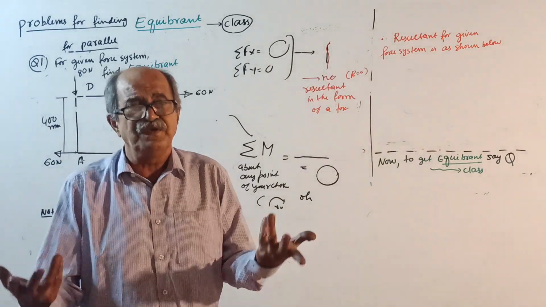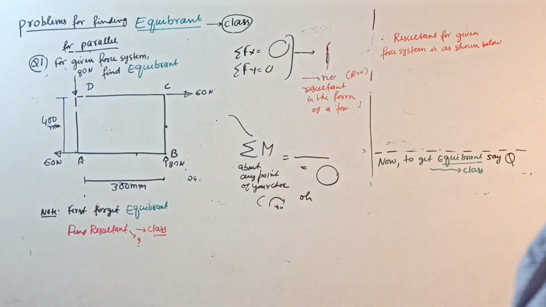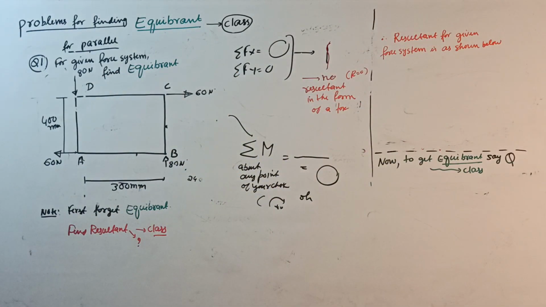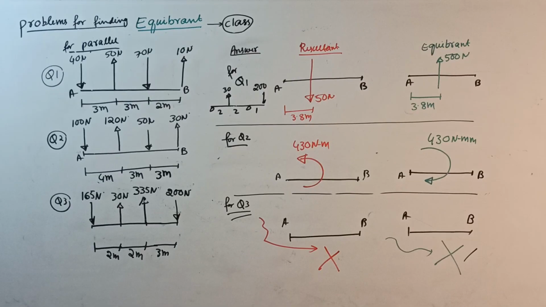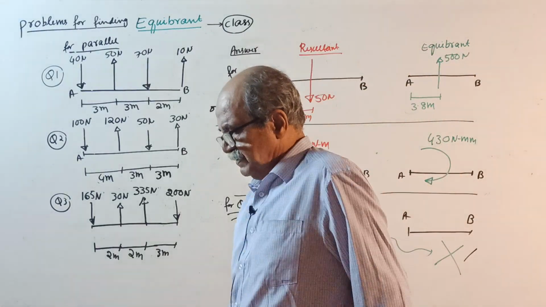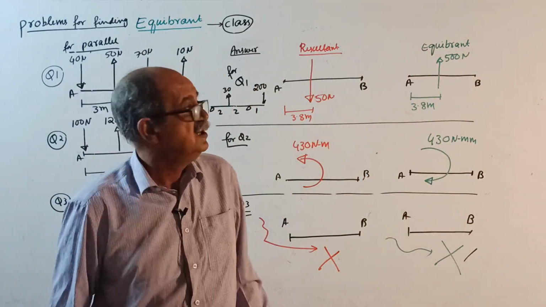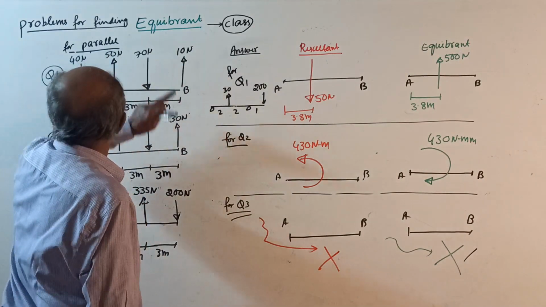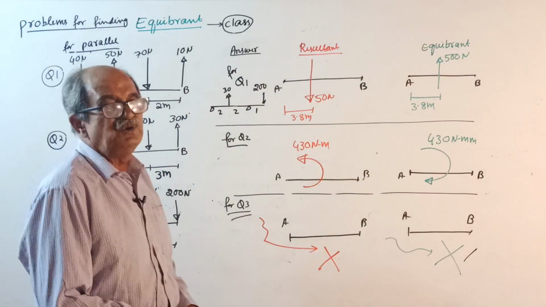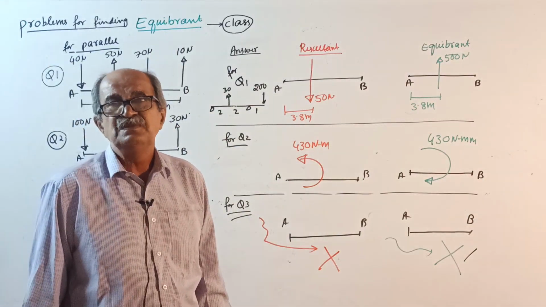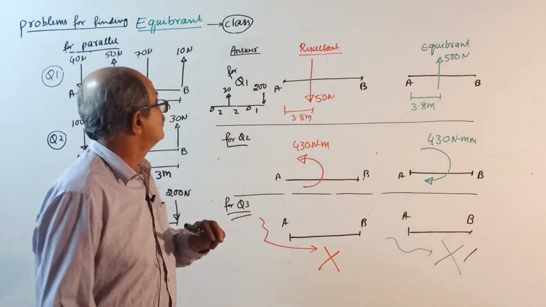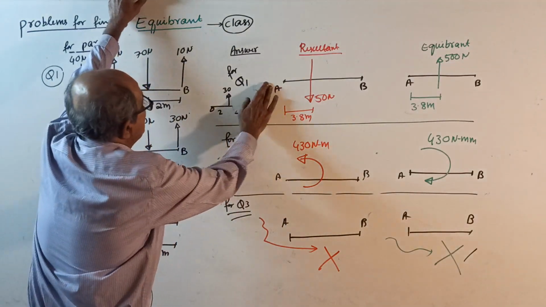One question I want no resultant. Now, concluding part. Lastly, for parallel force system, I decided not to waste the time. Direct question answer. These are all questions set by me.